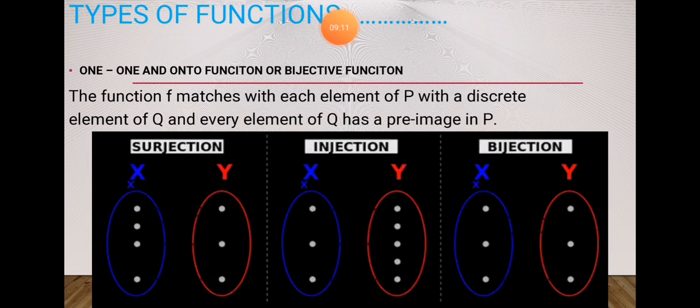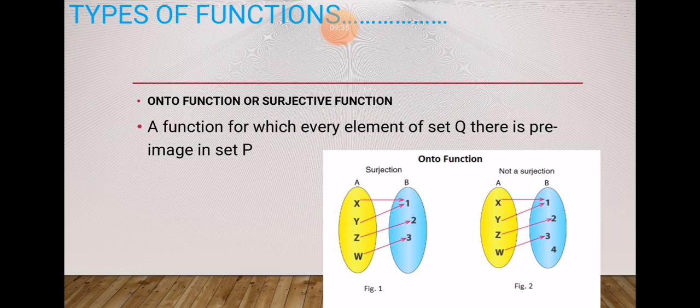Okay. So, next, one-to-one and onto functions are bijective functions. Remember, in an onto function we observed that two images of x can be associated with one image of y, and no image of y can be left behind.